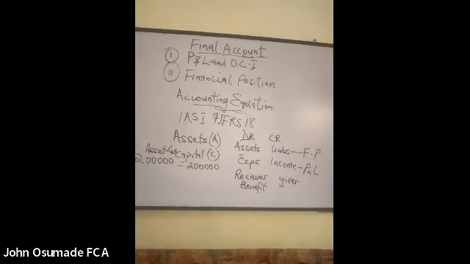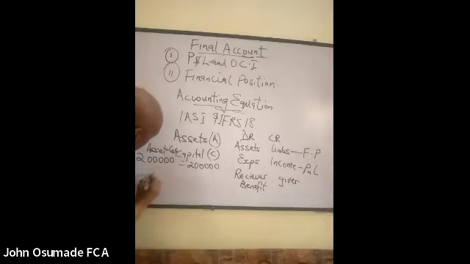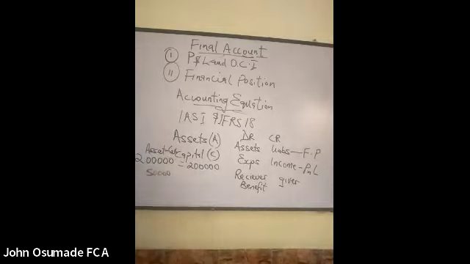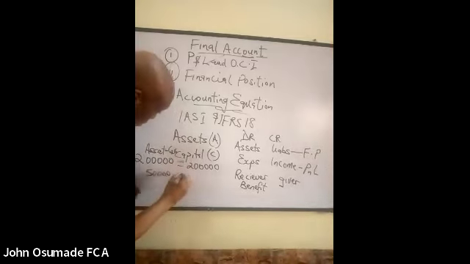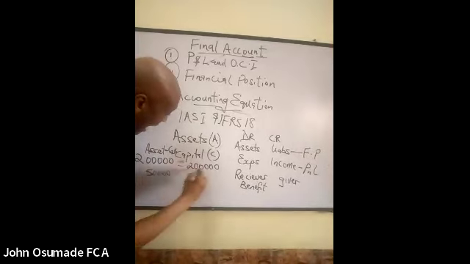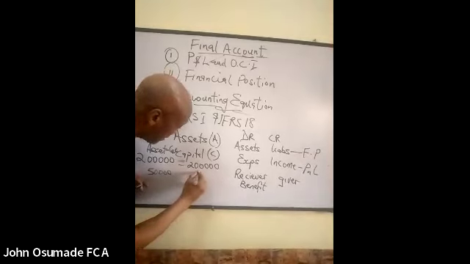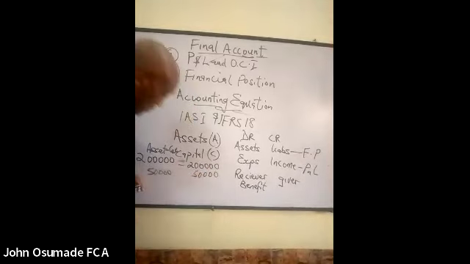So inventory, if you purchase, 50,000 will be added to your assets. And when it is added to your asset, you have a liability that you have not paid, 50,000.